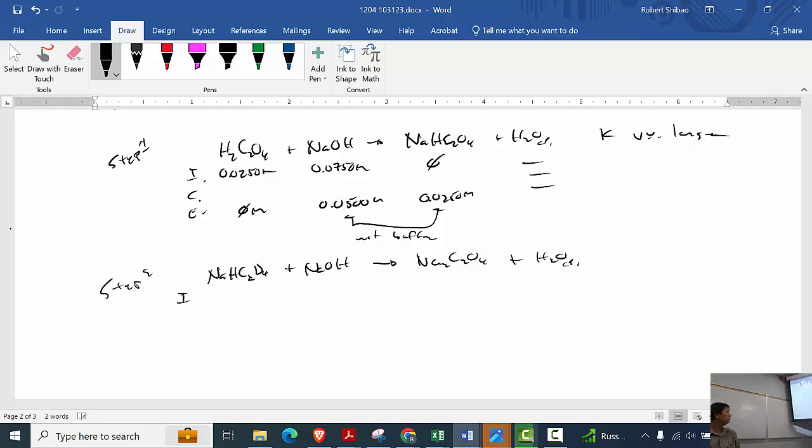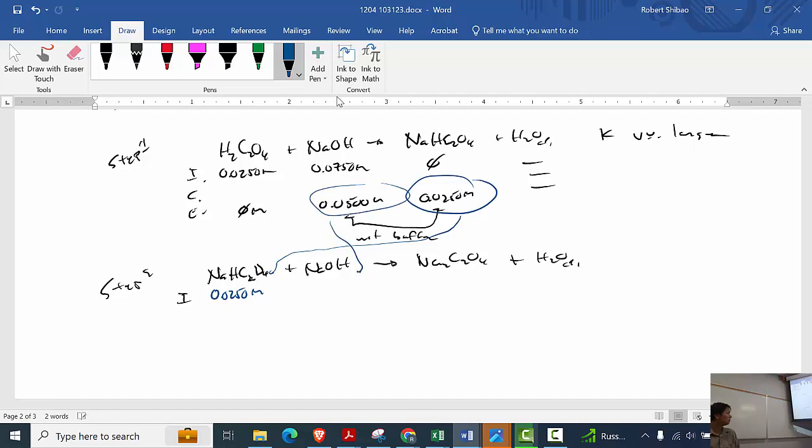So we'll drop down the sodium hydrogen oxalate that we just produced here, 0.0250. And then we have this sodium hydroxide, which we'll drop down here, 0.0500.